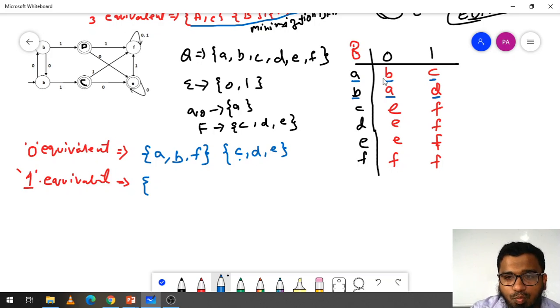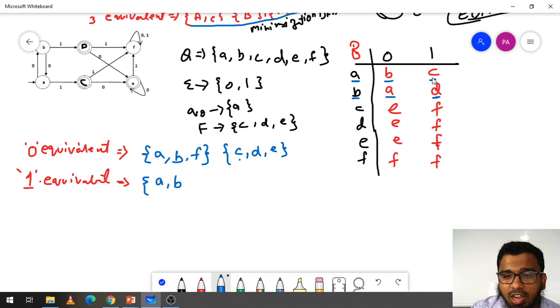So here, even if both are not going to the same destination, the second condition is very important: they should be in the same set. That means A comma B is equivalent. Why is it equivalent? A goes to B and B goes to A, on 1 C and D, all different, but A on 0 goes to B, B on 0 goes to A, and these both are in the same set, AB.